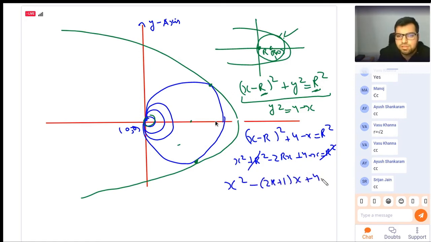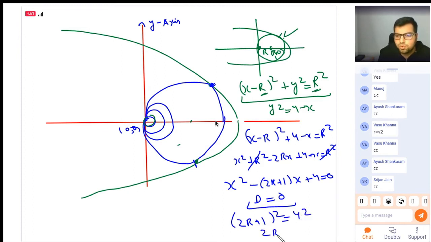Because the circle touches the parabola, D should be equal to 0, since there should be just one value of x. So (2r plus 1) whole square equals 16, b square equals 4ac. Here you will get 2r plus 1 equals 4, and from here r is equal to 3 by 2.